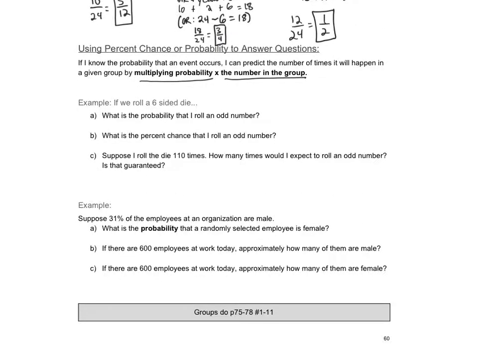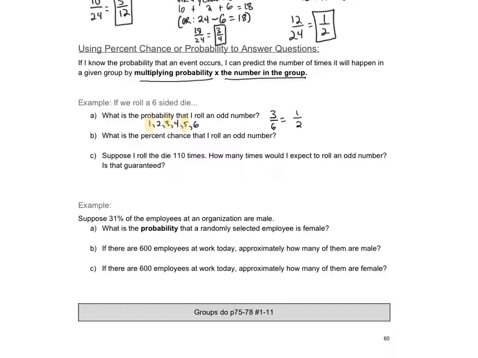If I roll a six-sided die, the probability I roll an odd number would be, out of the 6 possible outcomes, that would include 1, 2, 3 of my outcomes. So it would be 3/6, or 1/2.